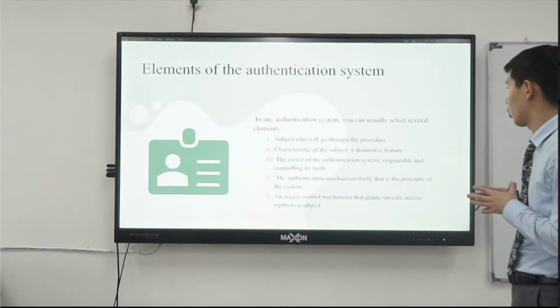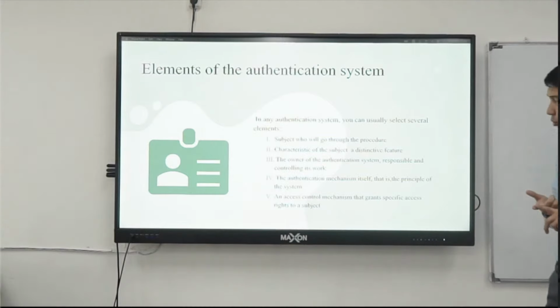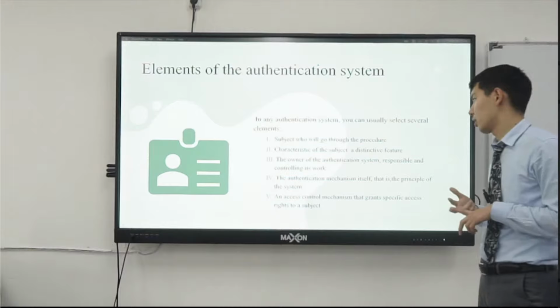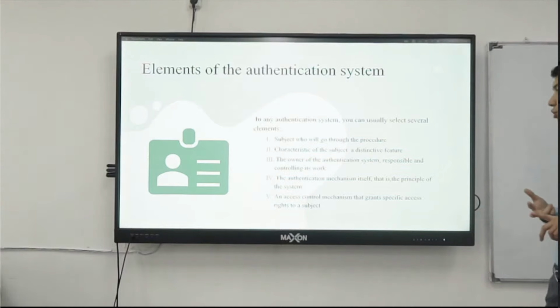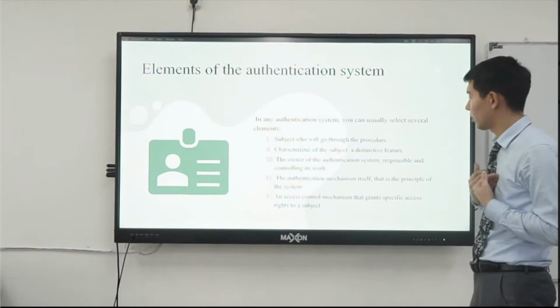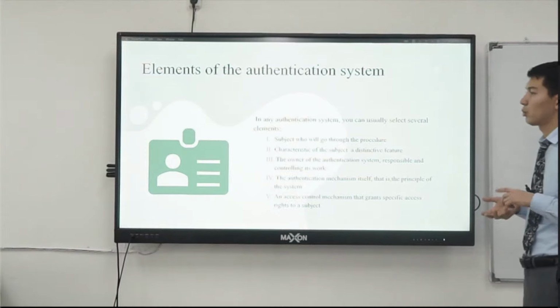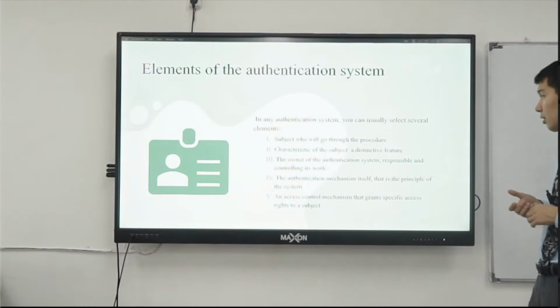For example, the card numbers are unique, and the card passwords are unique. The third is the owner of the authentication system, responsible for controlling its work. If the card belongs to me, I'm the owner and I'm responsible for it. I know the password, and I know how to authenticate and how to prove that this card is mine.